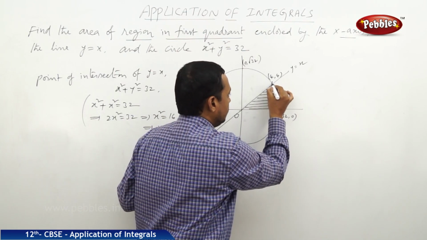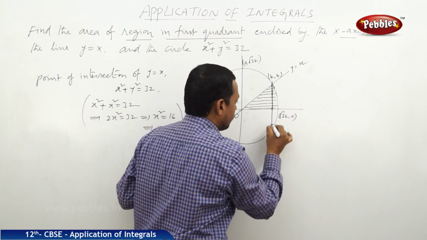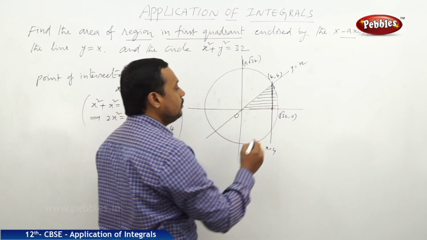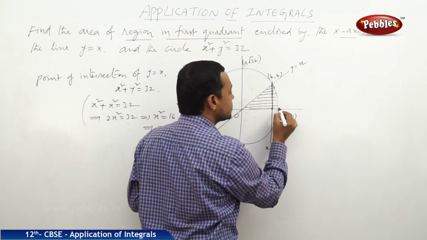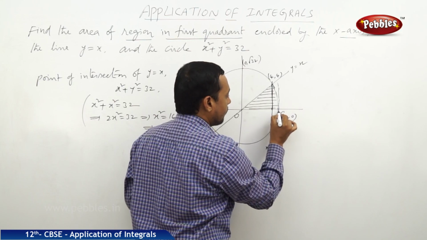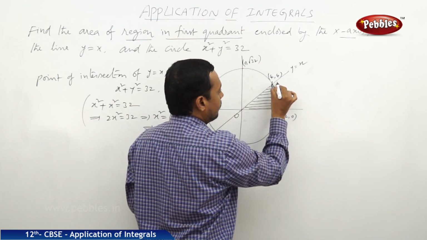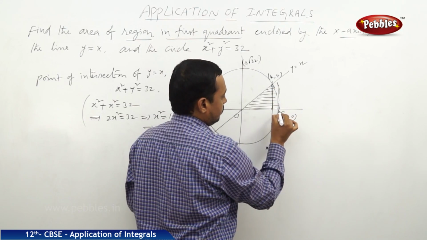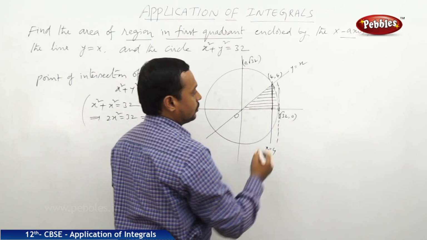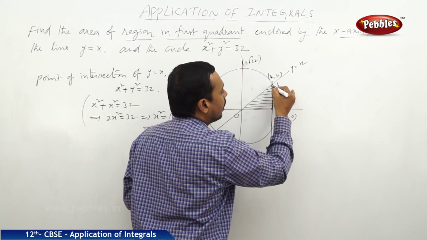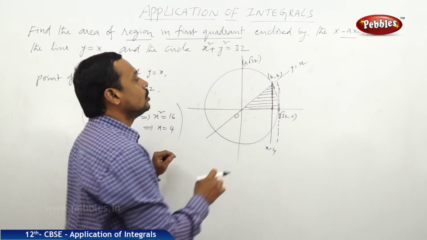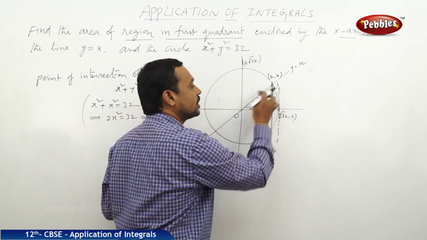Now this is the line x is equal to 4. Okay. Now from x is equal to 4 to x is equal to root 32, this one. Now the area bounded by the curve with the x axis. So the sum of these two portions gives the total area.